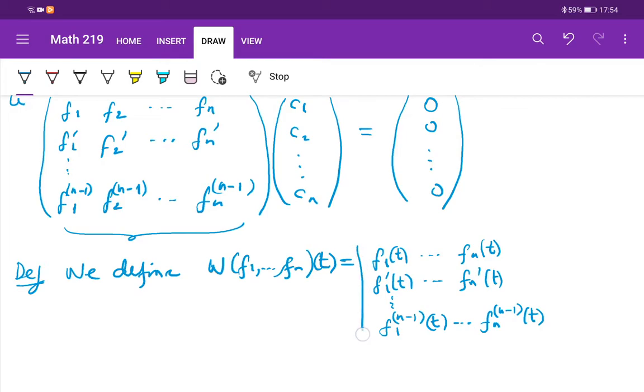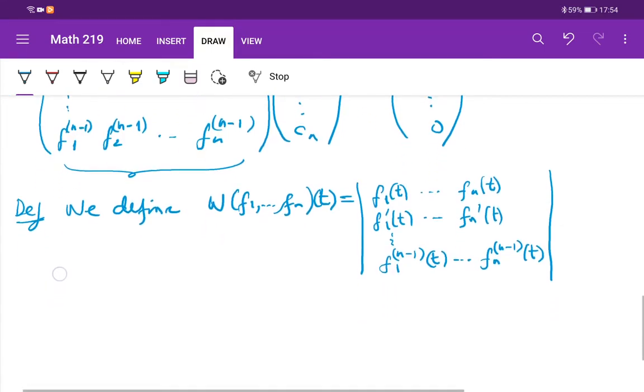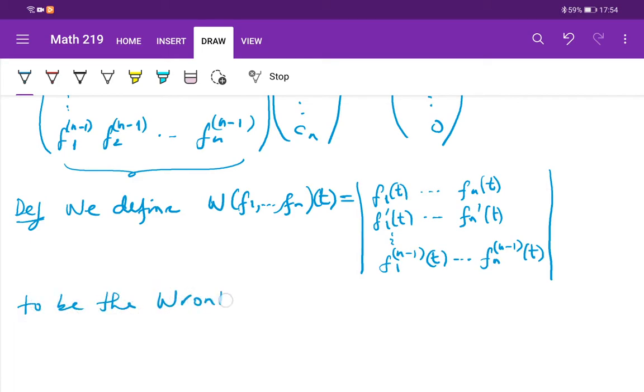Okay, so this is the determinant of this matrix. We call this the Wronskian of the functions.